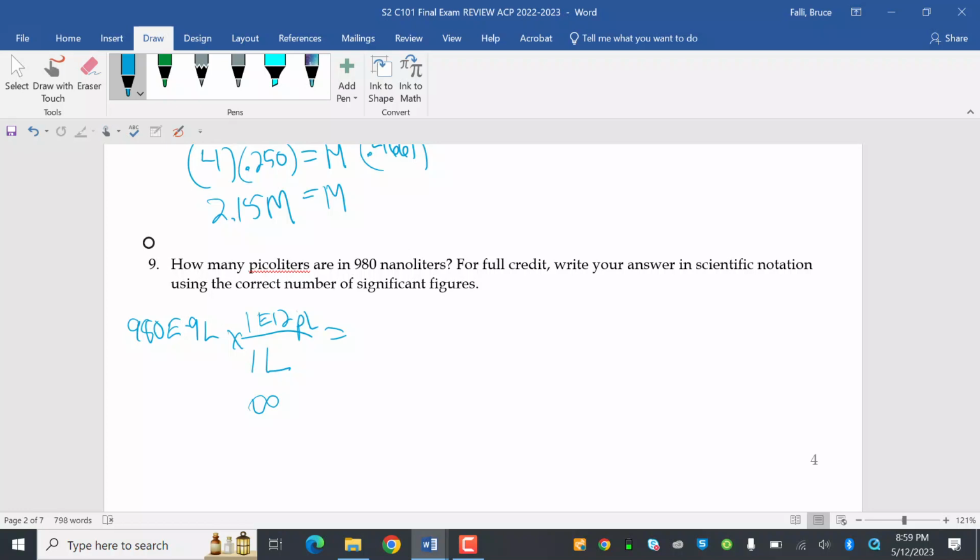So 980 E negative 9 times 1 E12 is 98 with 1, 2, 3, 4 zeros, 980,000. Figure out your answer in scientific notation using the correct number of sig figs. This has 2 sig figs, so it would be 9.8 E5 picoliters.